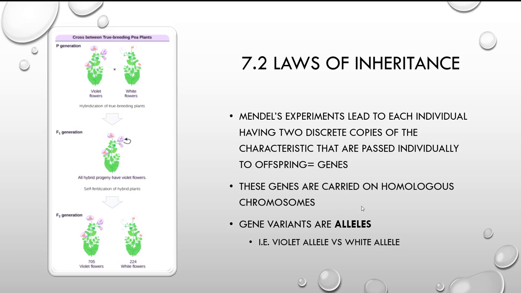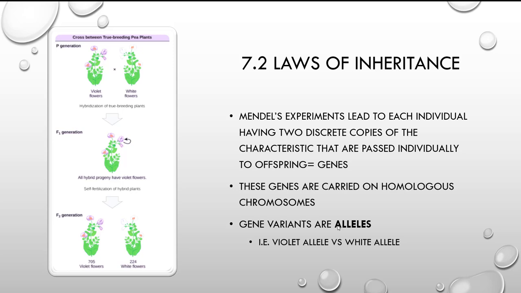So we're going to start using some new terminology to call these different genes and variants of genes, and to determine when we have two of the same versus two different alleles and so forth.